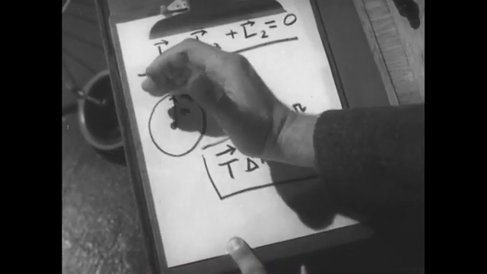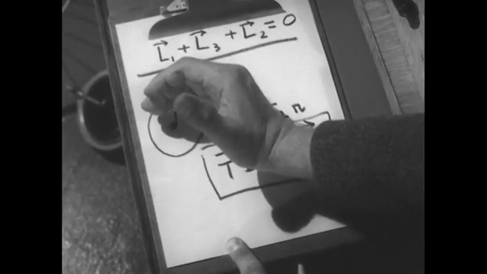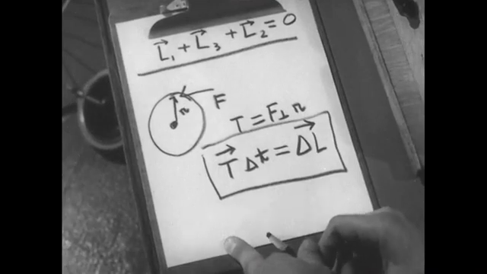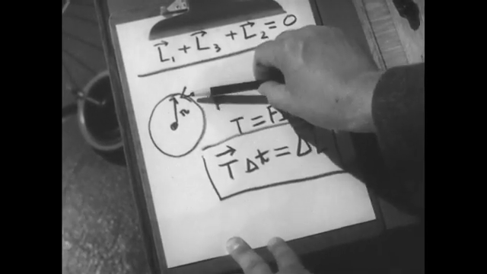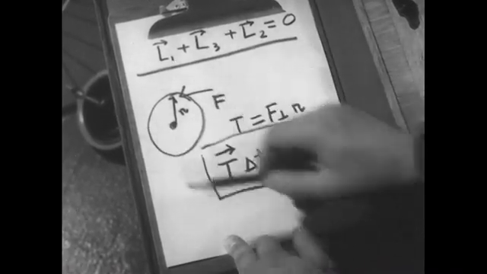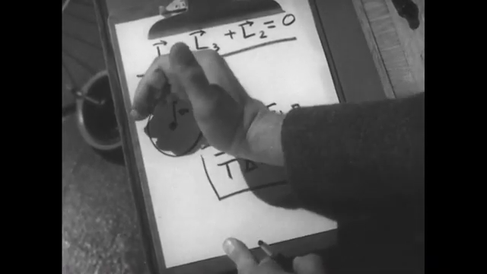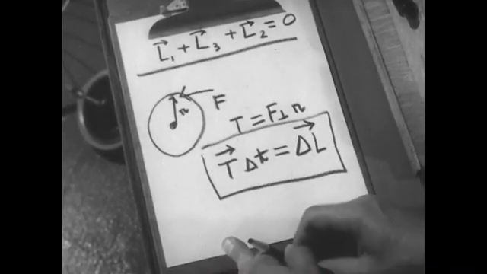You see, this rule is good whether we apply the force here, closer to the axis, at this point on the wheel, in fact, at any point on the wheel. And you see that it does indeed work here, because this force applied in this way would cause an increase in the angular momentum of this wheel in this direction. A torque in this direction causes an increase in angular momentum in this direction.